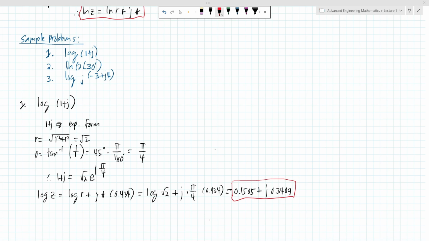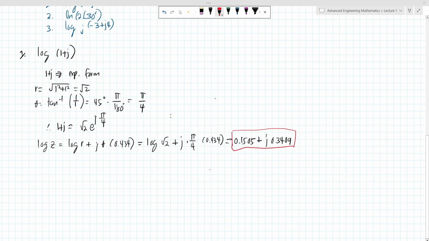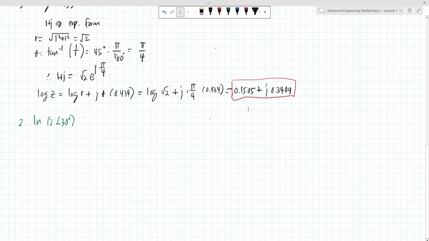The next problem is the natural log of 2 cis 30 degrees. As you notice, the given complex number inside the natural log is already in polar form.